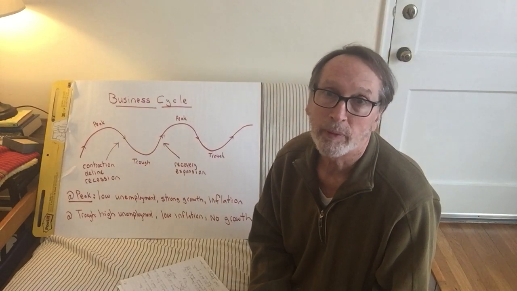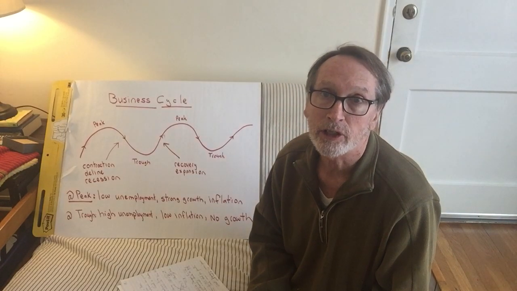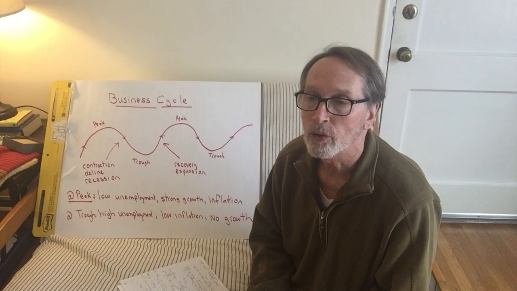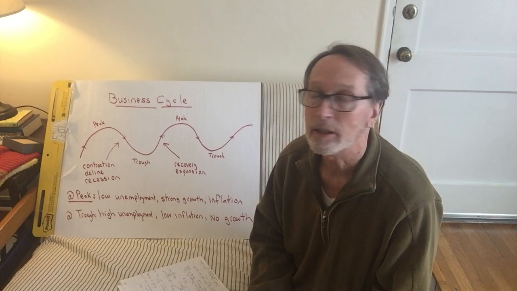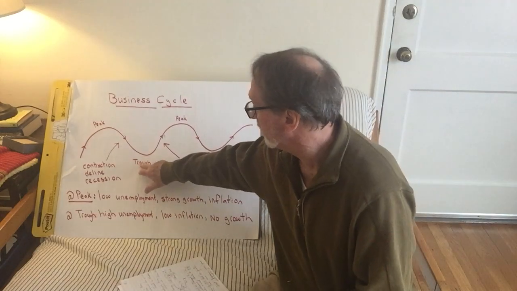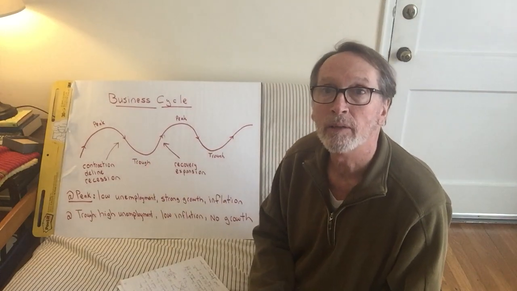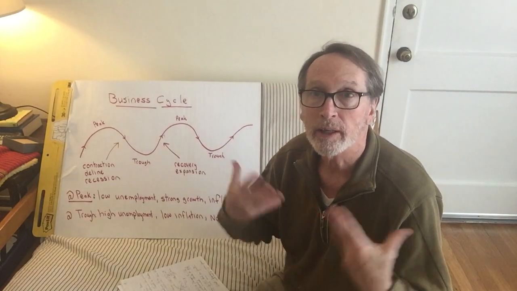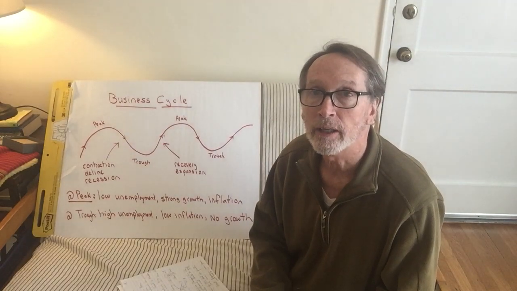And GDP is not growing, so there's slow growth or negative growth, could be a recession or even a depression. But at some point, things change and the business cycle starts to pick up steam and grow again.